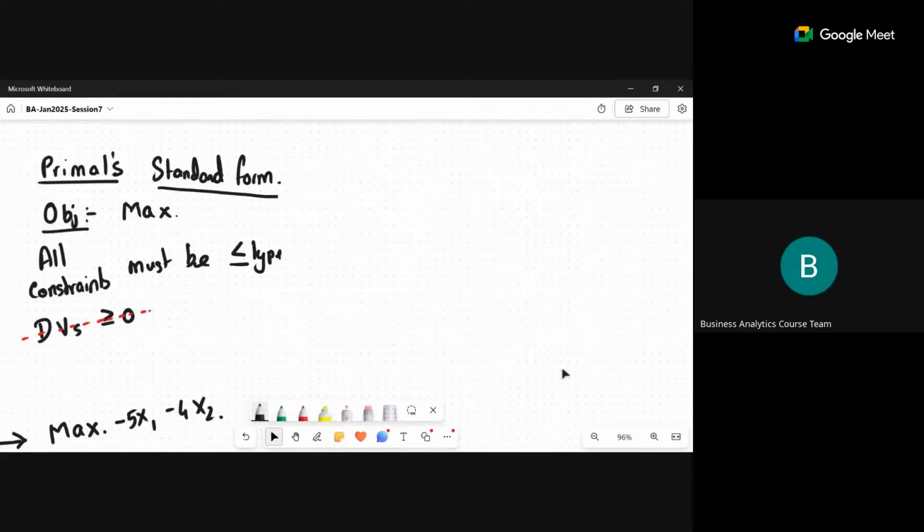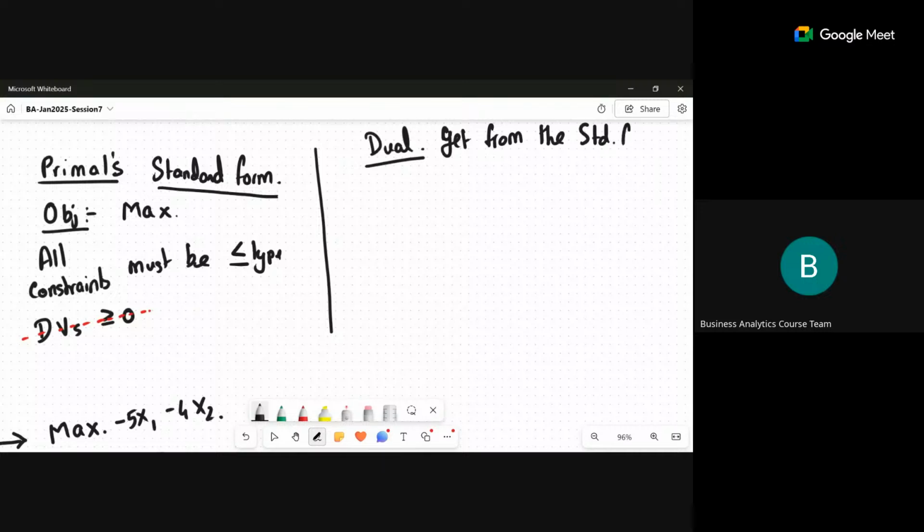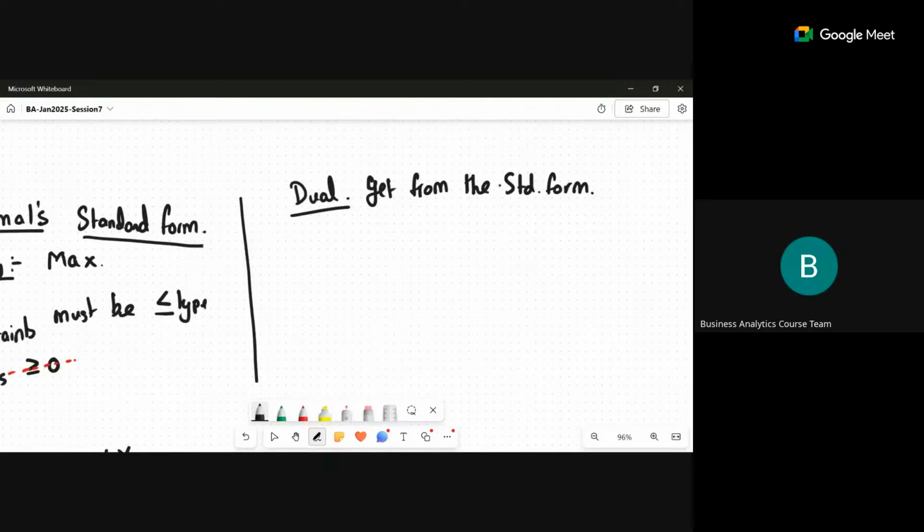After this, you have something as the dual. And for dual, always have this practice. The dual you will get from the standard form. Right? Always convert the primal to its standard form and then get the dual from the standard form of the primal.